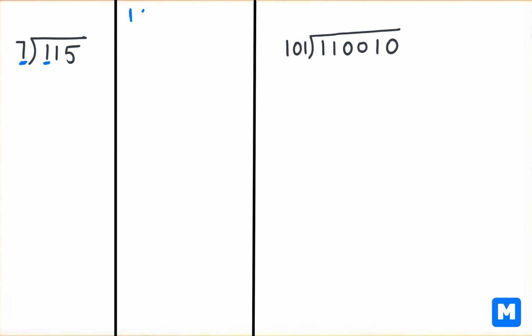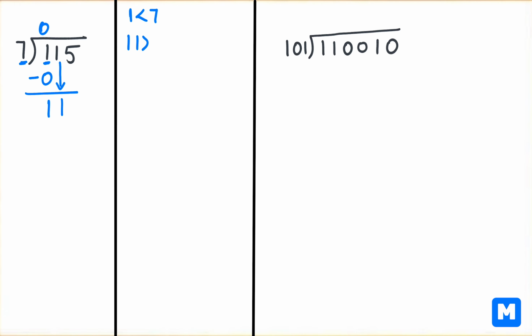Here, 1 is less than 7, so we write down 0, and 7 times 0 is 0. Now we subtract 0 from 1 and it comes 1. Now we put this 1 here and again compare: is 11 less than or greater than 7?